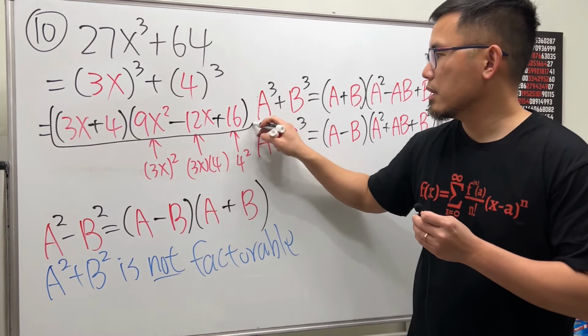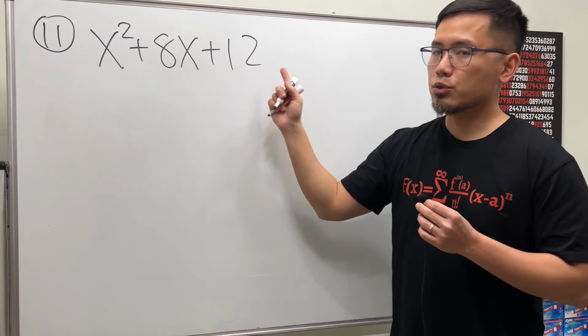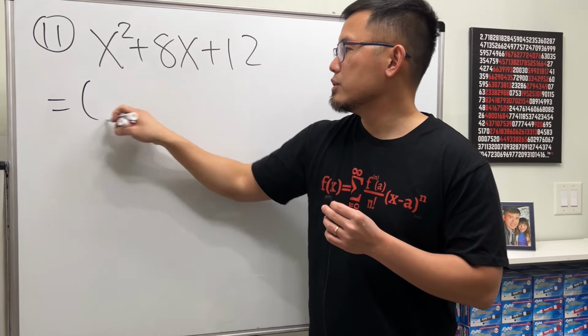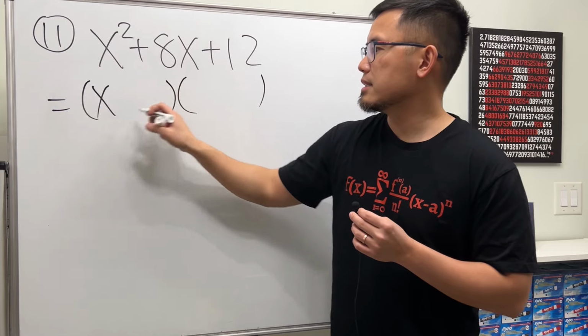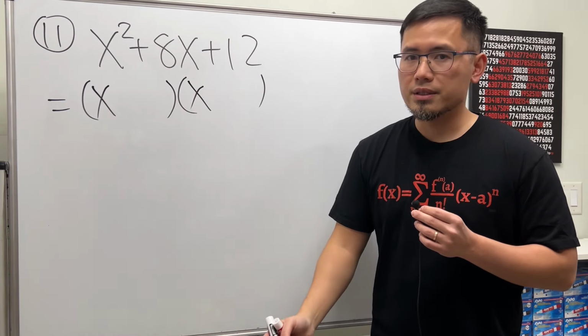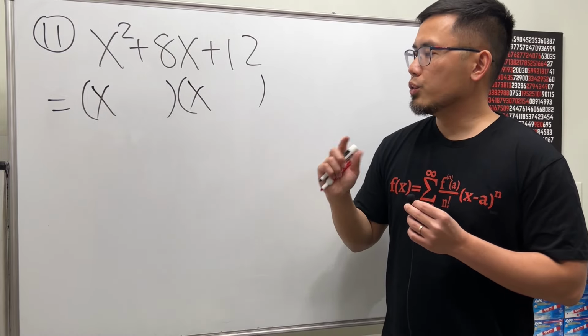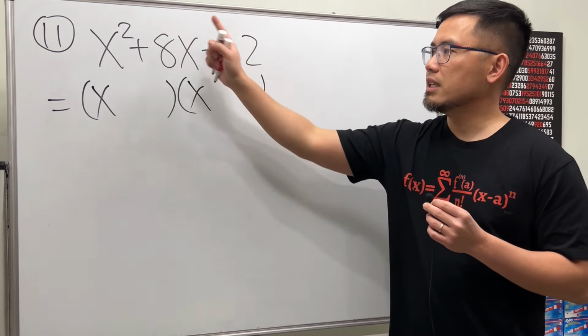Done. Now we are going to factor a trinomial, x squared plus 8x plus 12. Notice this is just a 1x squared. In that case, just go ahead, write down 2 sets of parentheses, and then we need x times x to get the x squared. And then look at the 12, and our goal is to think about 2 numbers that multiply to be 12, and when we add them, we get 8.